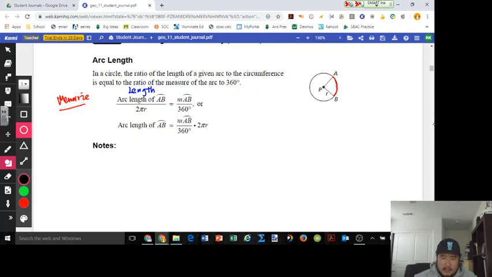On the right-hand side, you see this 360 degrees, so what we're going to be using over here are measurements in degrees. And don't forget, the measure of arc AB is equal to that of the central angle.